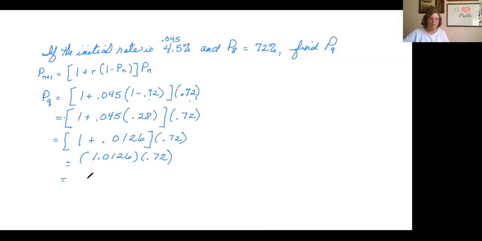This comes out to 0.729072, which is approximately 73%. So it's at 72%. A year later, it's at 73%. So it's increasing at this particular time by about 1% per year.